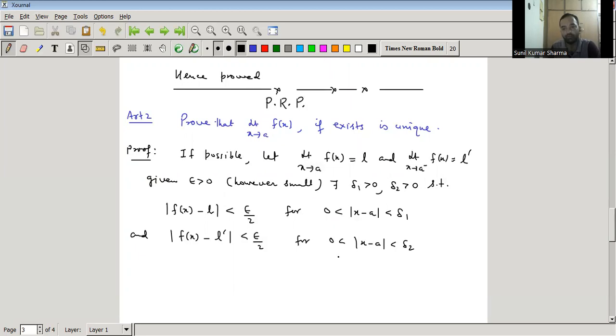Again, because we have two, delta 1 and delta 2, we try to minimize this, right? So we choose the minimum of delta 1 and delta 2.